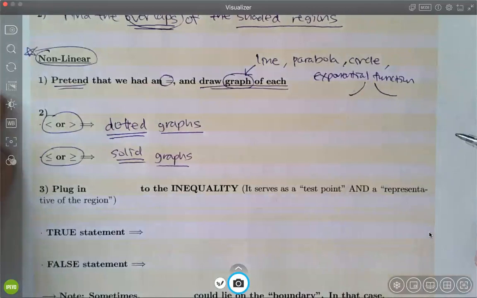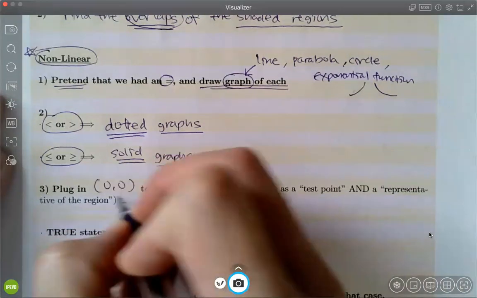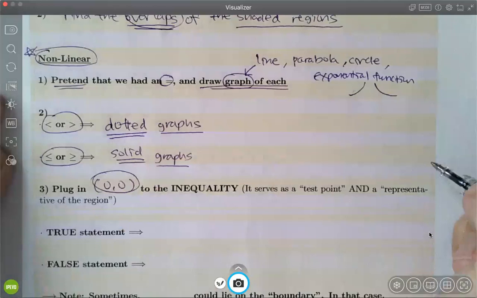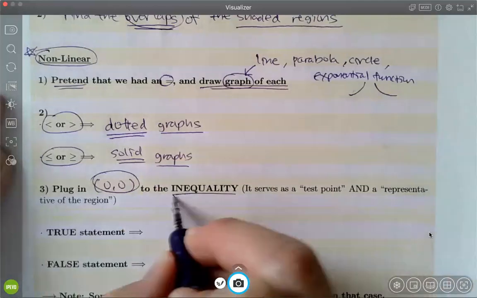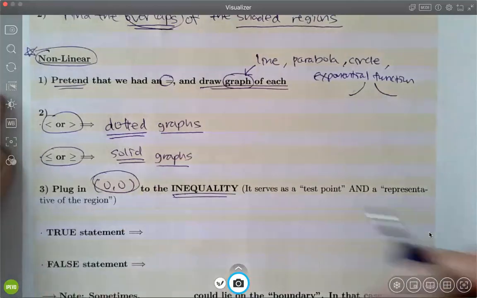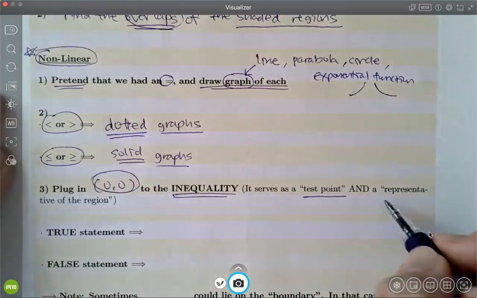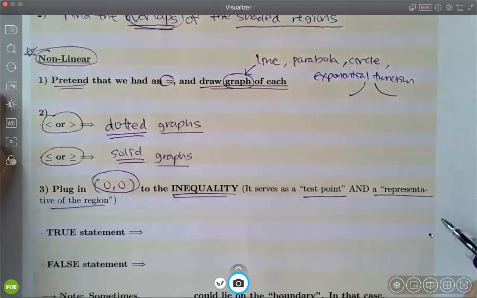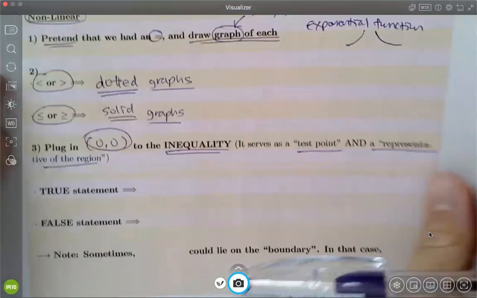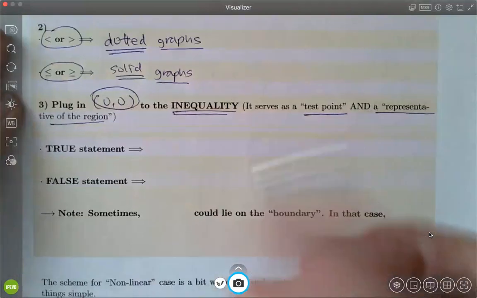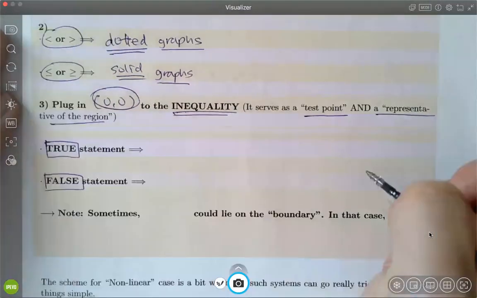And then what was the next step in graphing a single inequality? Plug in the origin, right? Exact same thing to the inequality, which serves as a test point, representative of the region. And then we still get true or false statements. So guess what happens in each case?